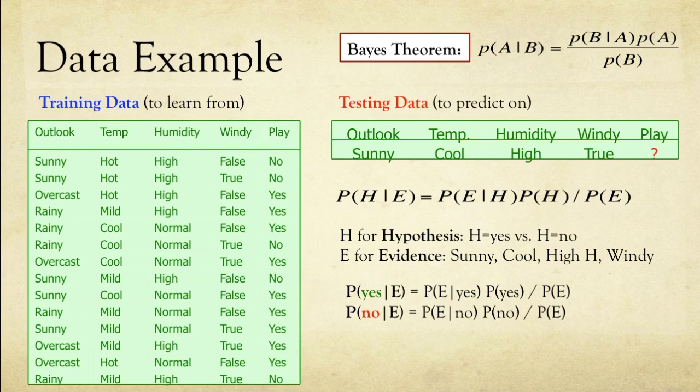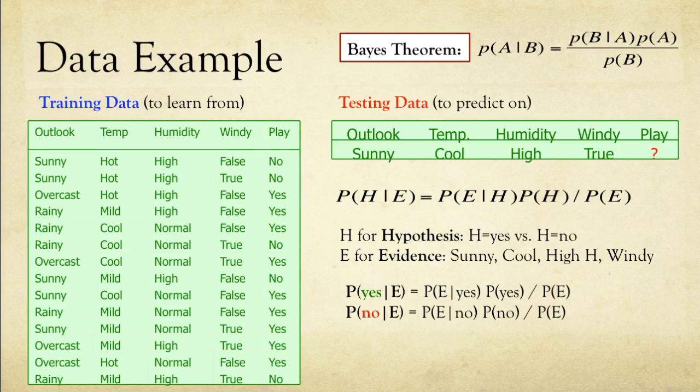For each hypothesis, using the Bayes theorem, we can compute P(yes given E), and this is what we try to estimate. Given that today is sunny, cool, high in humidity, and windy, how likely is it that the game will be played? How likely will we say yes to the play attribute?